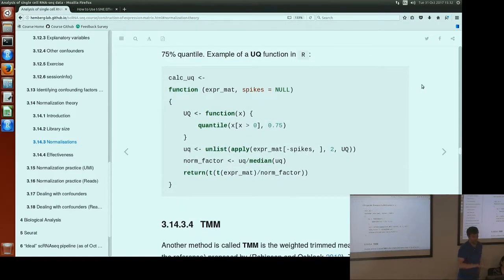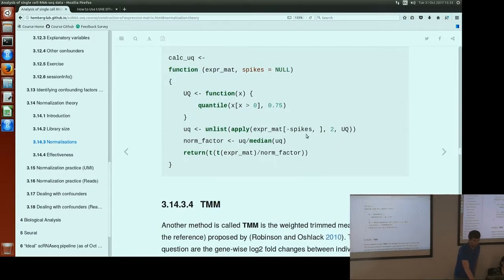And here's an example of how you could write an upper quartile size factor function from scratch to do that normalization. So here we're applying the 75th percentile on non-zero values in the matrix. But you could obviously play around with that value.